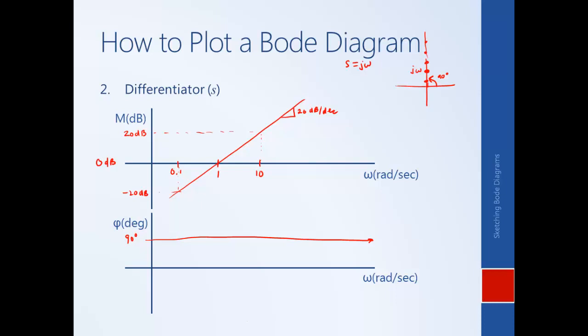Another way to build some intuition as to what the magnitude plot and the phase plot of a differentiator looks like is to think about what the derivative of a sinusoid is. So we have some sinusoidal input into a system S, and S, the Laplace variable S, in the time domain corresponds to differentiation.